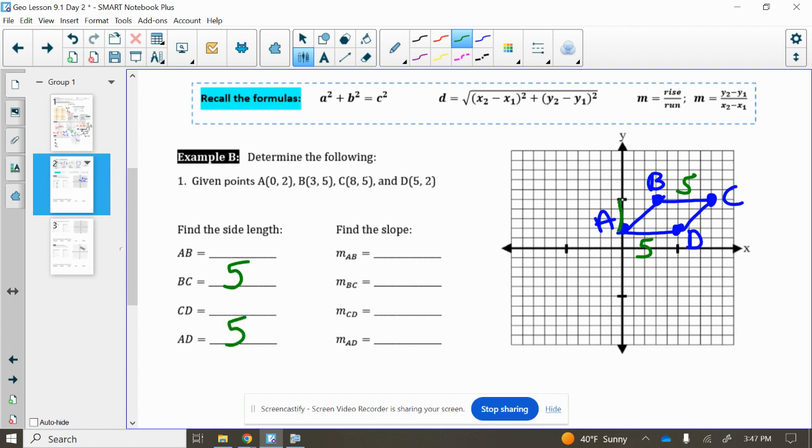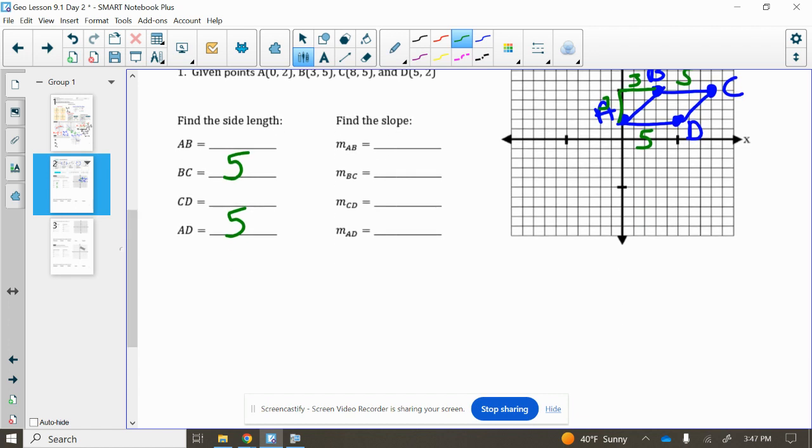To find A to B or C to D, this is where we're going to have to employ a little bit of Pythagorean theorem or the distance formula. So one of these two options. I'm going to use Pythagorean theorem for this one, but to find my length of AB, I'm going to take A squared plus B squared, and then I will call that my C squared.